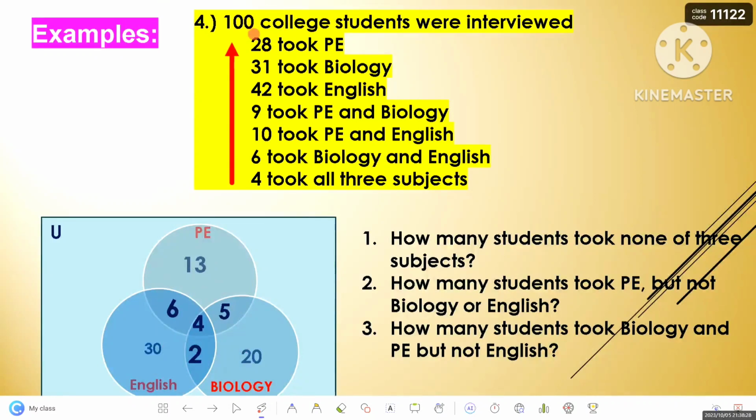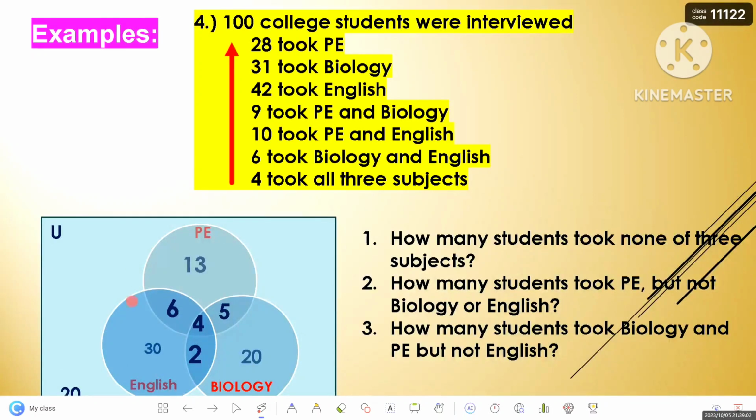Since our population of college students ay 100, 100 minus 80, that is our number who did not take any subject. 20. Yes, 20 ang lahat na hindi kumuha ng kahit anong subject. So, when you add this all, we get 100 college students.